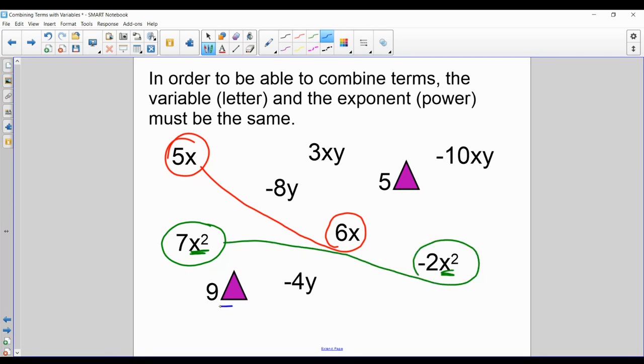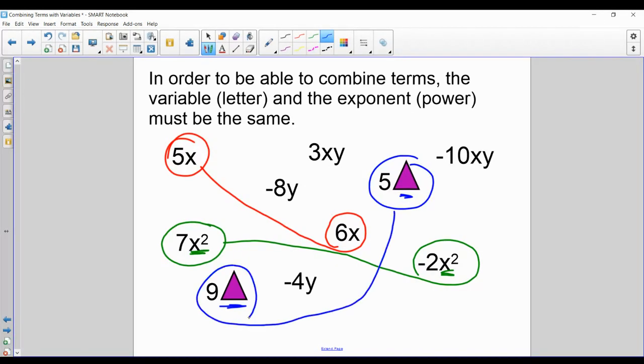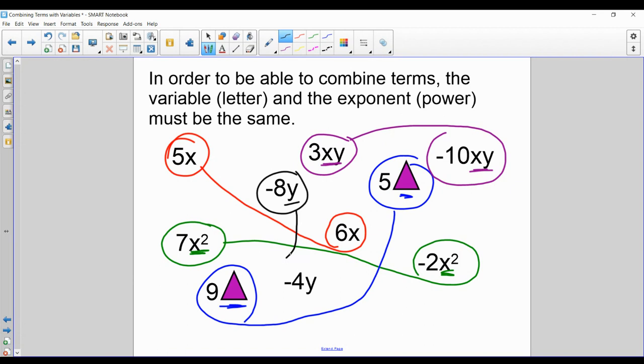If I have one with a triangle, I can only combine it with another one with a triangle. If I have xy, I can only combine ones that are exactly the same letter and exponent. So these y's would be the last ones that could combine.